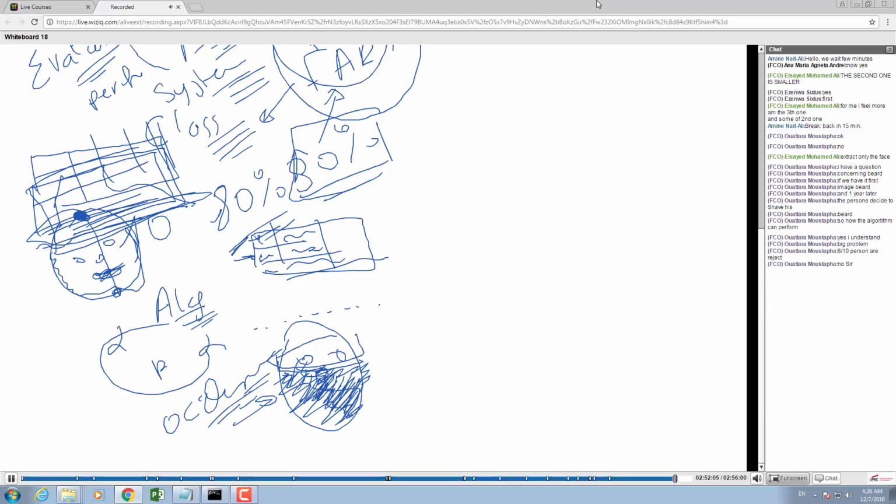And here we also call it an occlusion. So some algorithms are sensitive and other algorithms are not sensitive.